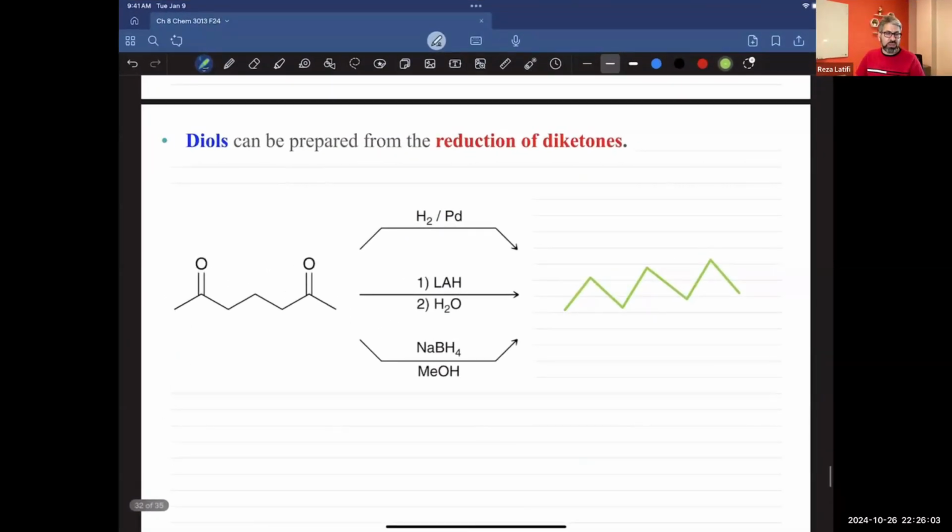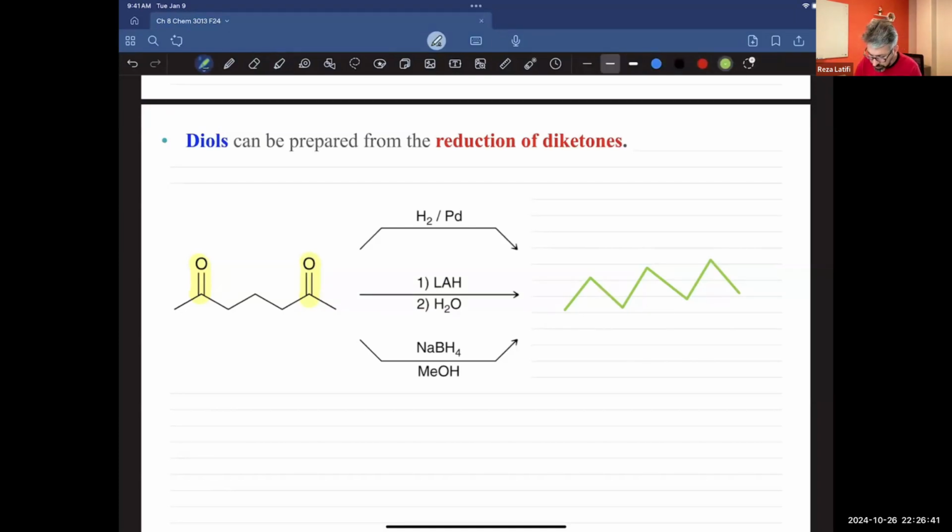You can use the same technique that we use for ketones and aldehydes. We know if we reduce ketones or aldehydes, we will get alcohols. So if I start with a compound that has two carbonyl groups, and I reduce those two carbonyl groups at the same time, I'm going to get two OHs on the molecule. In this case, both of them are ketones. I don't care whether they are ketones or aldehydes, I just need two carbonyl groups.